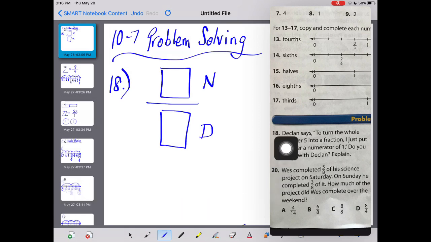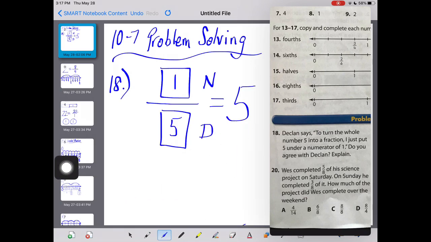So based on what Declan says, to turn the whole number 5 into a fraction, I just put 5 under a numerator of 1. So the numerator is 1, and the 5 is under the numerator. It looks like what he has said is that 1/5 is equal to 5 wholes, or 5 pizzas.